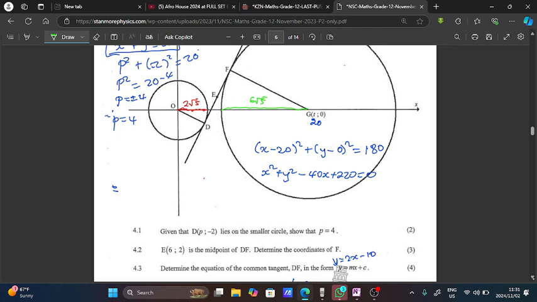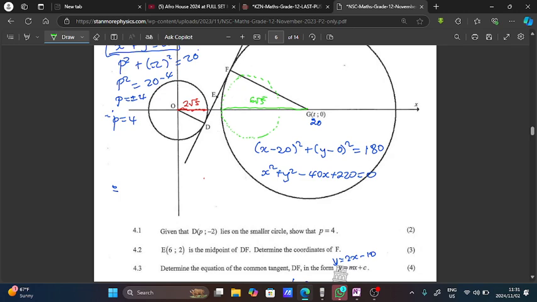Now this circle must move so that it will touch the other circle internally. Maybe let's draw an image here. Can you see that? That's when you touch internally.